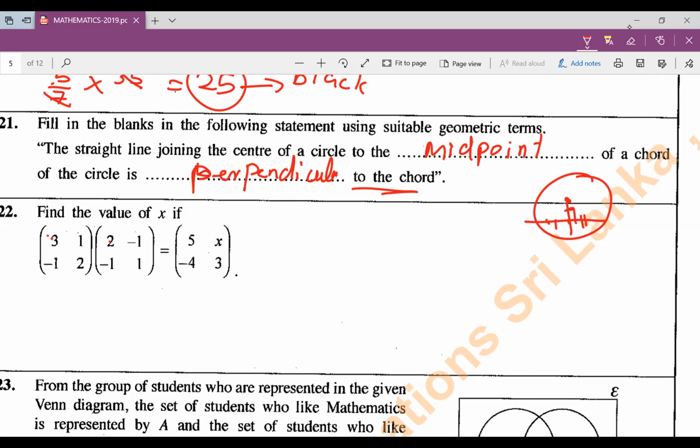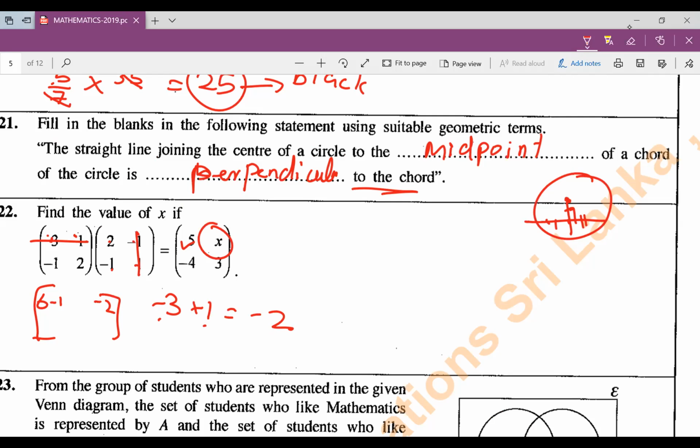So 3 times 2 is 6 plus 1 into minus 1, it is 6 minus 1, so that is 5. Same for this line into this line. It is 3 into minus 1, minus 3, and 1 into 1, it's plus 1. So minus 3 plus 1 is equal to minus 2. So that is the answer here.